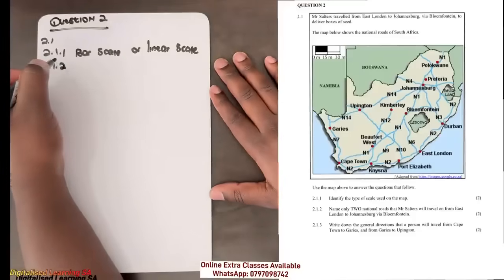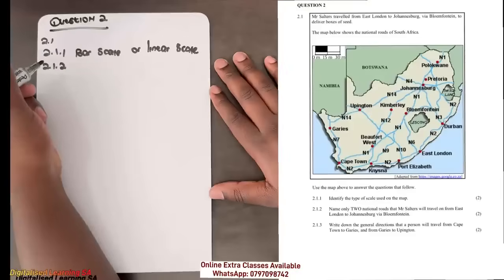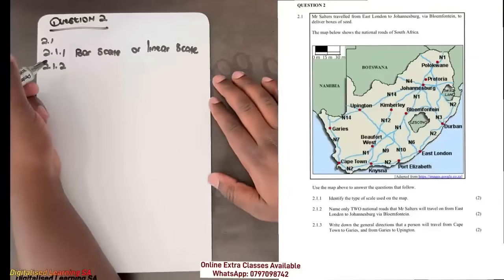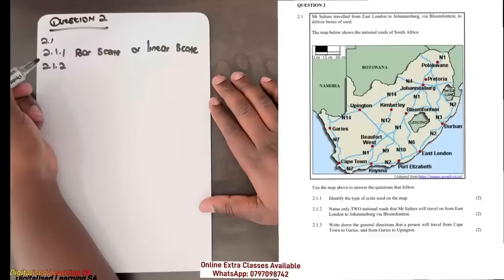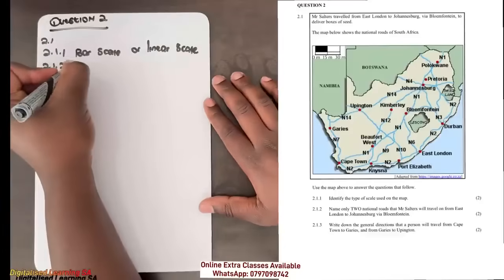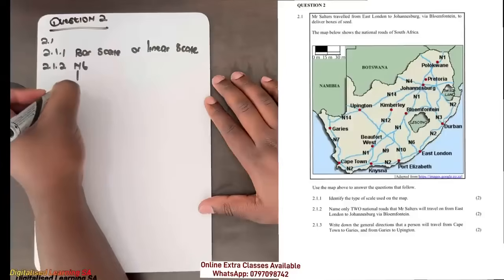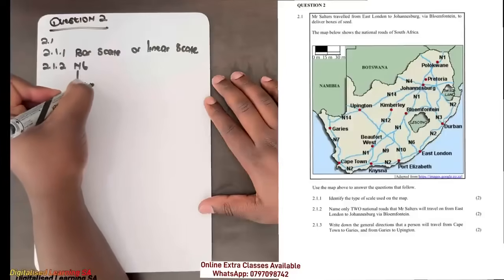Question 2.1.2 says, name only 2 national roads that Mr. Salters will travel on from East London to Johannesburg via Bloemfontein. So if you look at the map and we are in East London, we can see that from East London to Bloemfontein, Mr. Salters will be using the N6. So this N stands for national.